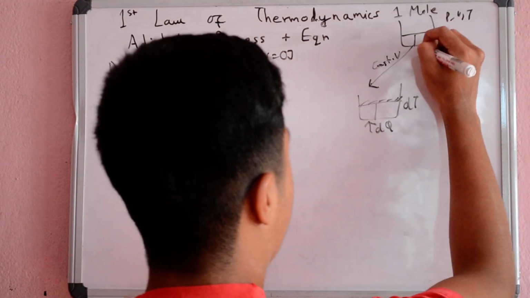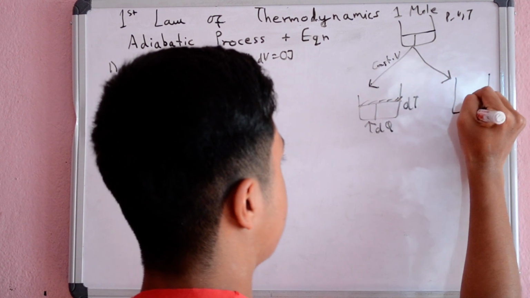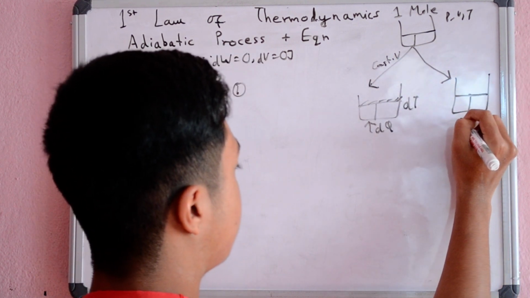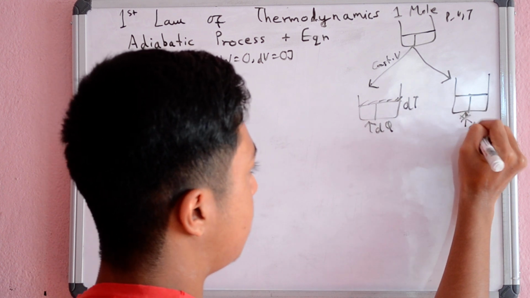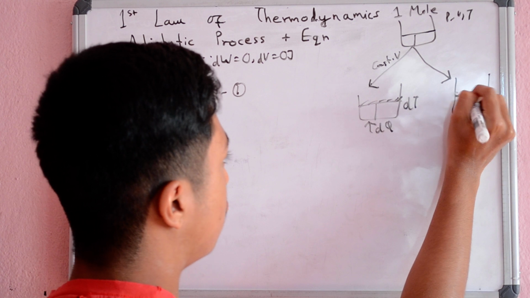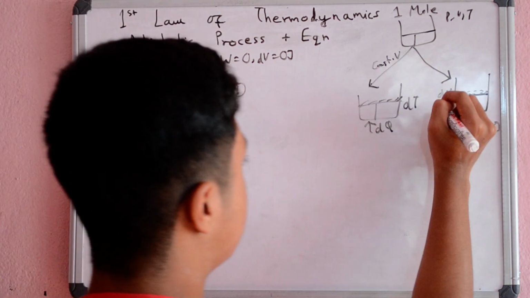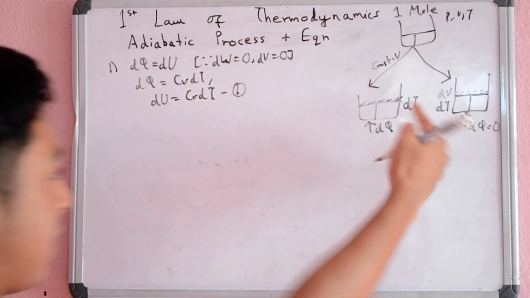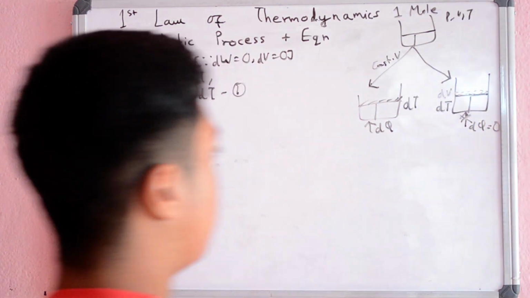Now we'll take the original system and have it undergo an adiabatic process. Here there is no heat supplied, so dq equals 0. Even then, there is some change in volume, an increase in volume, with, let's say, the same change in temperature dT, and also a change in pressure.